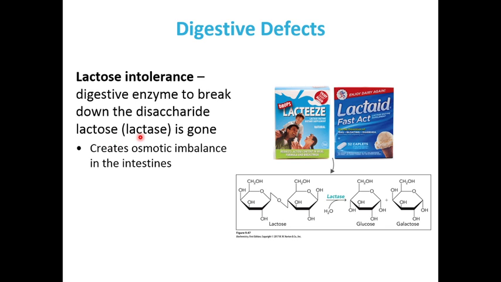Without this intestinal lactase, lactose, as shown here, cannot be completely digested and absorbed in the small intestine. It passes into the large intestine where bacteria convert it to toxic products and cause abdominal cramps and diarrhea. The problem doesn't stop there. It is further complicated because undigested lactose and its metabolites increase the osmolarity of the intestinal contents, favoring retention of water in the intestine.